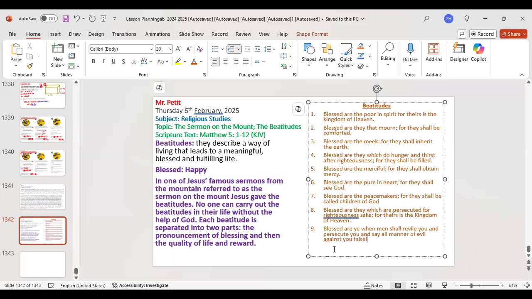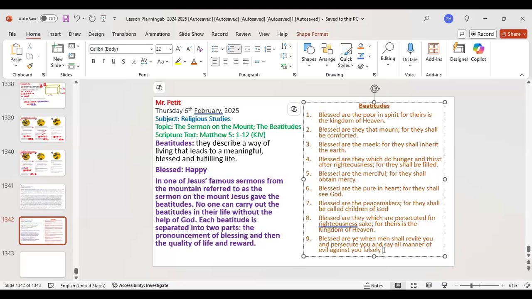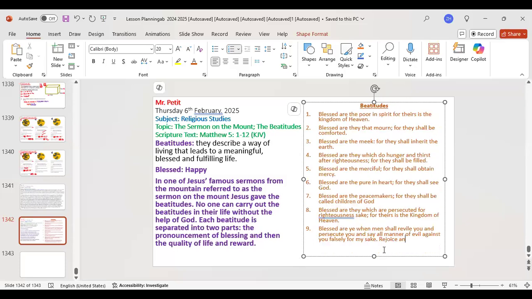Falsely. Sometimes when people say stuff, they actually are true. But if it's falsely, for my sake, rejoice and be exceedingly glad. Why?